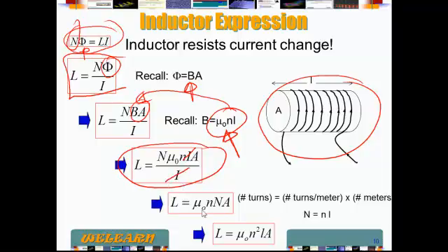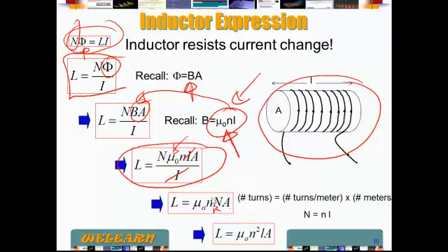And my inductance is given by mu 0 N, big N, capital N, times A. This is again assuming that we don't have a core. If we have a core, we have to add a kappa there.